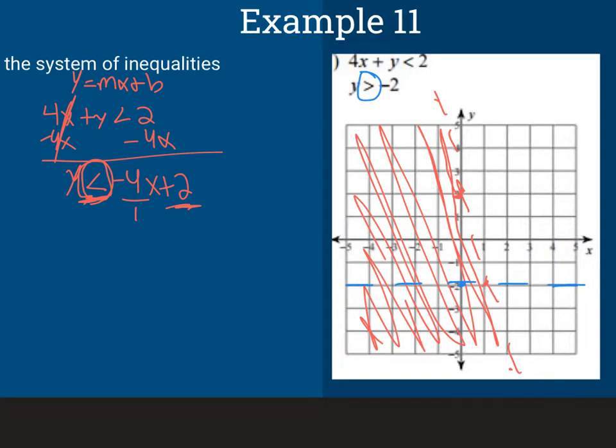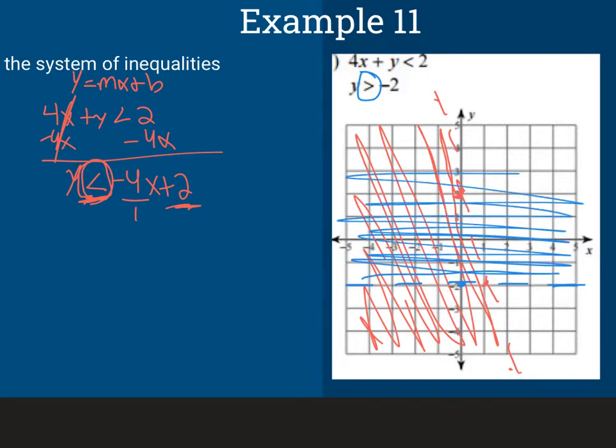The inequality says greater than, so I'm going to shade in all the values greater than for those y's. So these are all the values greater than negative 2. And let me go ahead and shade in the area that would hold all of our solutions now. Now, on the last one, everything we shaded in was a solution as well as everything that fell on the line.